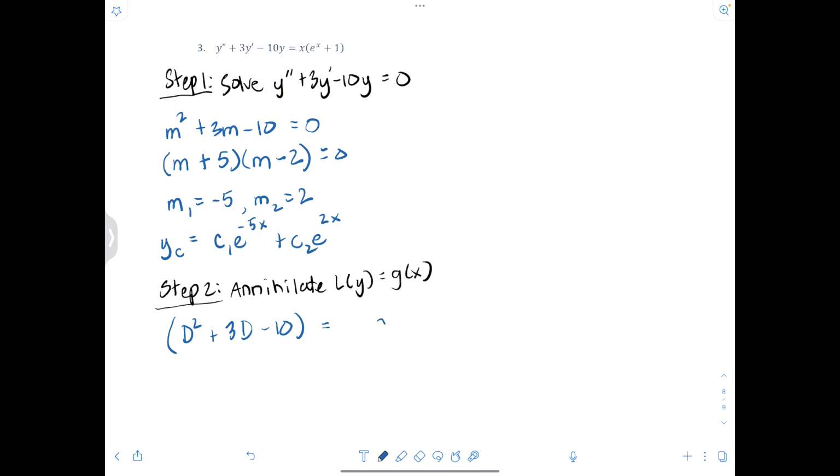So we've got x e to the x, and then we have plus an x, right? So since we have an x e to the x, we need an alpha equal to 1 with multiplicity 2, right? So this could be written as 1x, right? And because it has an x in front of it, we need that multiplicity 2.